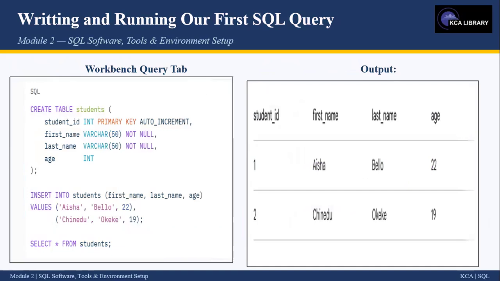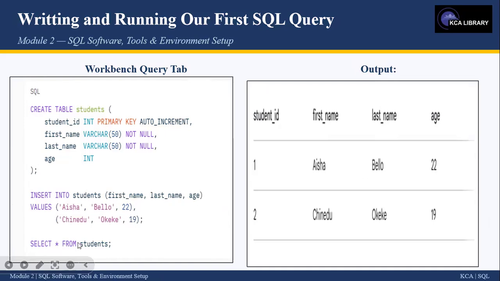Writing and running our first SQL query. Now for the fun part, let's write and run our first real query. In the new query tab, type in this: CREATE TABLE with student_id, first_name, last_name, and age. Then INSERT INTO the table named student, the columns first_name, last_name, age, with the values Aisha Bello 22, Chinedu Okeke 19.